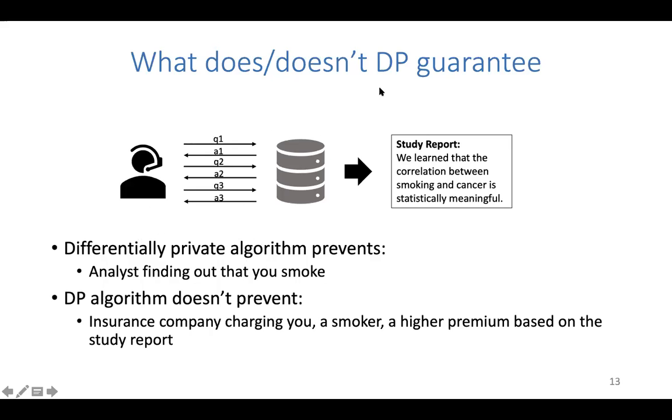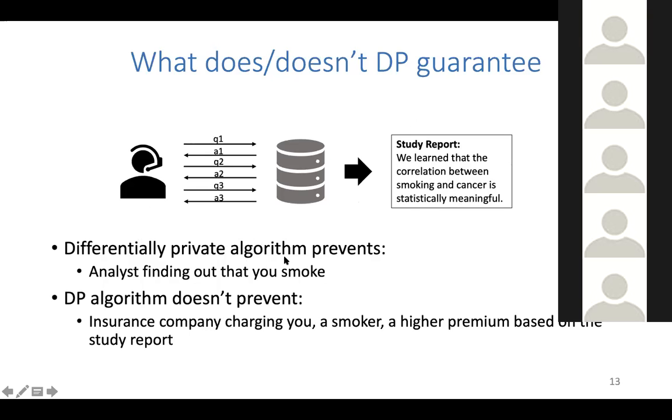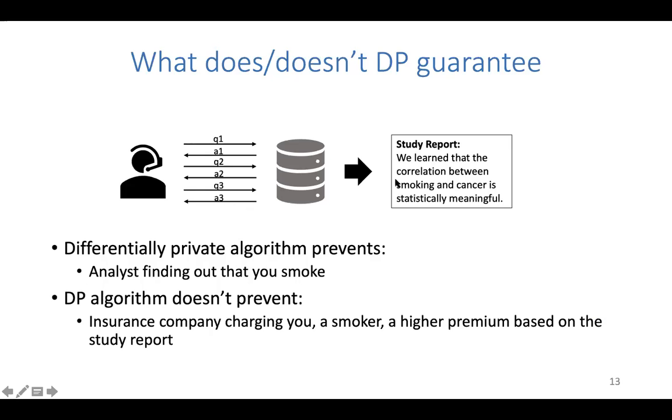But what it doesn't guarantee is this: for example, if an insurance company, after reading this report, charges you, a smoker, a higher premium, then you are still harmed by this report. But that is something that cannot be avoided by differential privacy, because it's general knowledge. A study report that says there's a correlation between smoking and cancer, that knowledge would have been gained regardless of your inclusion in this database.